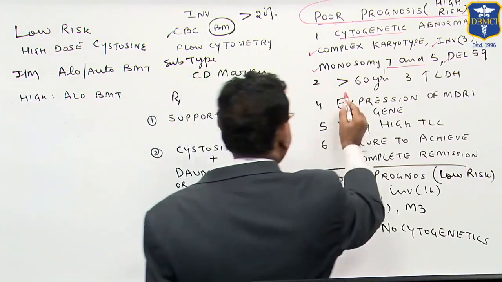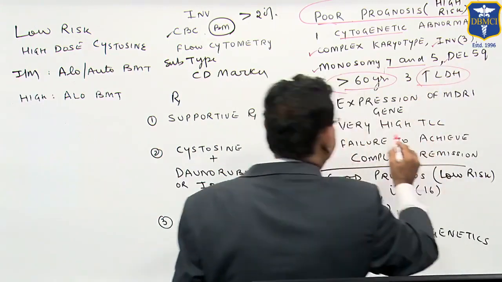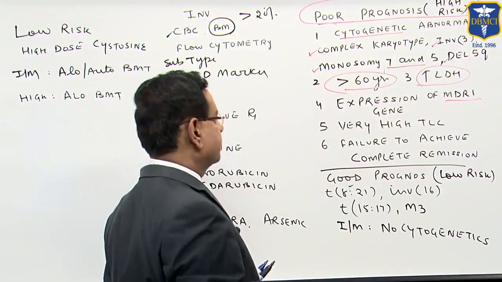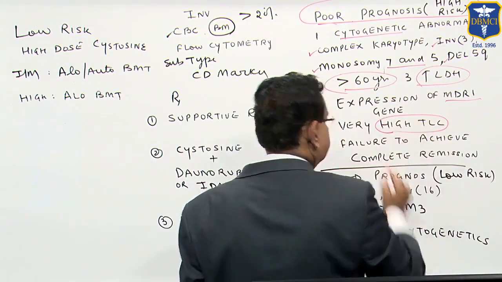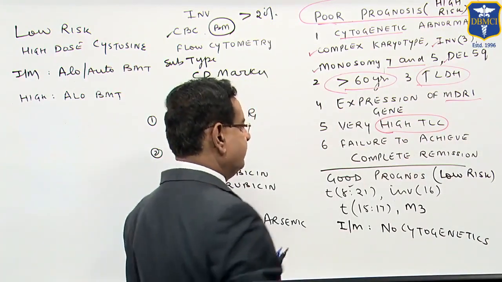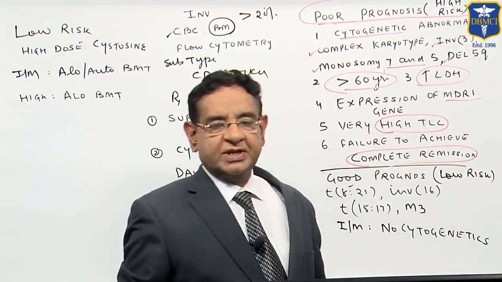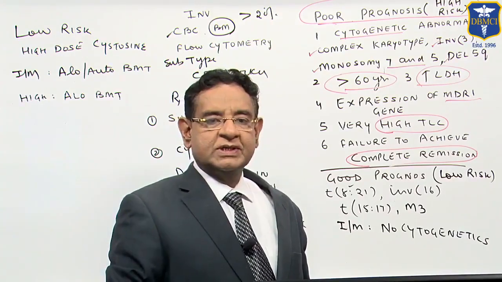Others are age above 60 years, high LDH level or expression of the MDR1 gene, very high TLC count at the time of presentation, and failure to achieve complete remission after the induction therapy. They are the high risk or poor prognosis.